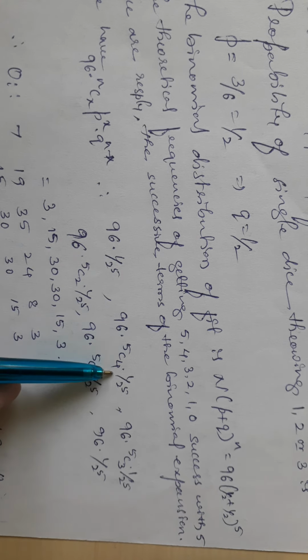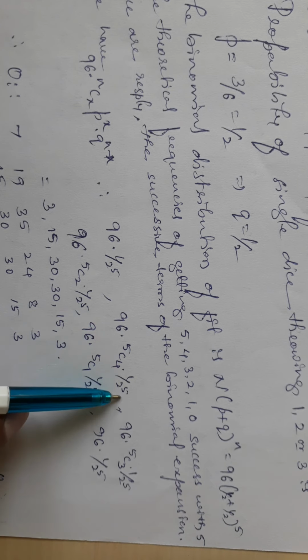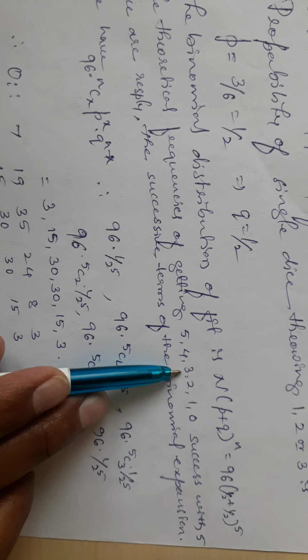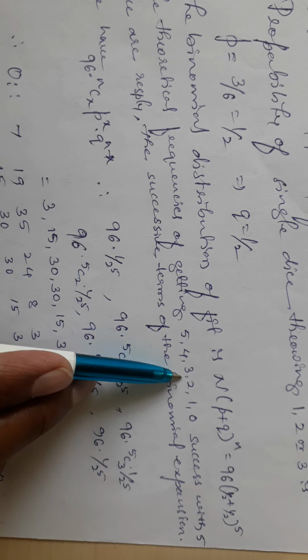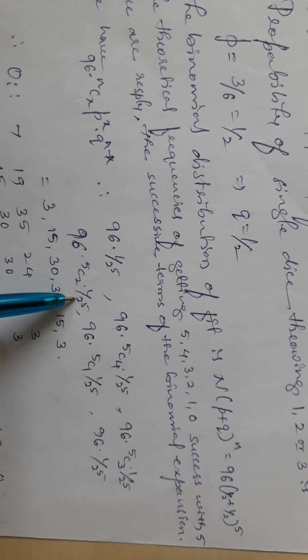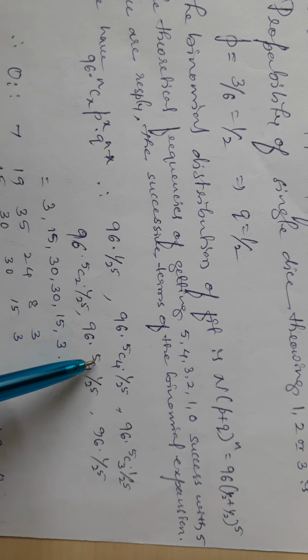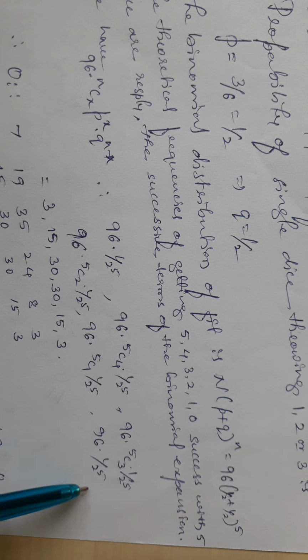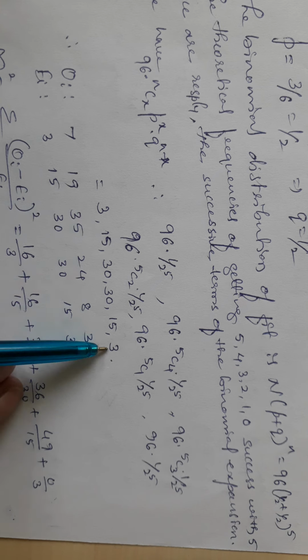Next, x is 4, 96 times 5C4, 1 by 2 to the power 5. Then x is 3, 96 times 5C3, 1 by 2 to the power 5. 96 times 5C2, 1 by 2 to the power 5. Next, x is 1, 96 times 5C1, 1 by 2 to the power 5. And 96 times 1 by 2 to the power 5. By simplifying, we get the values 3, 15, 30, 30, 15, 3. Now these are the expected values.